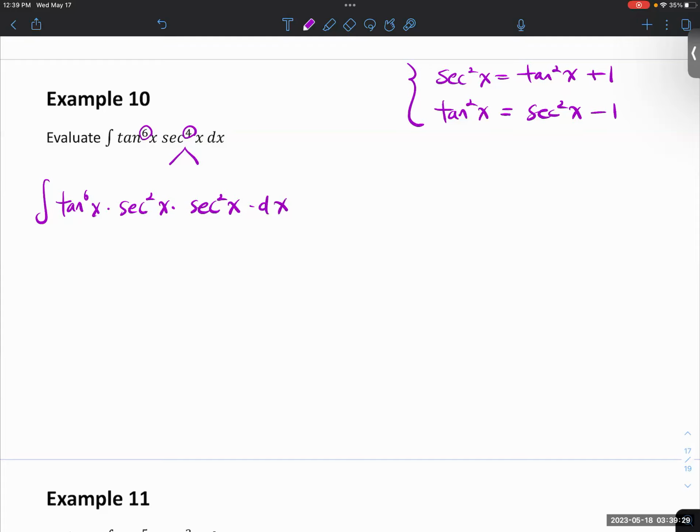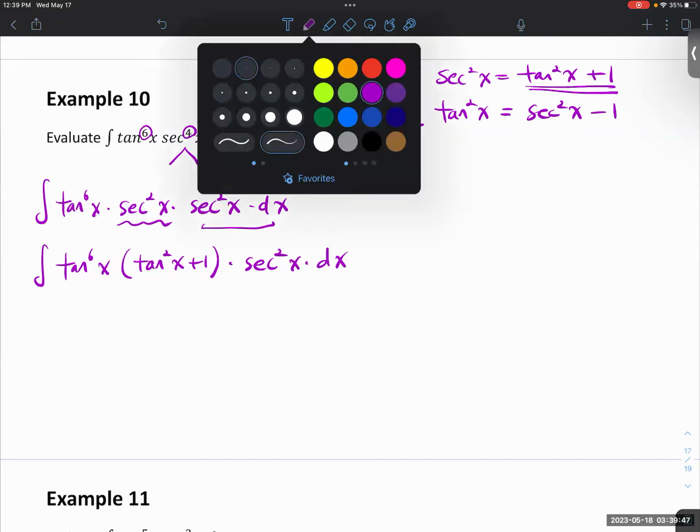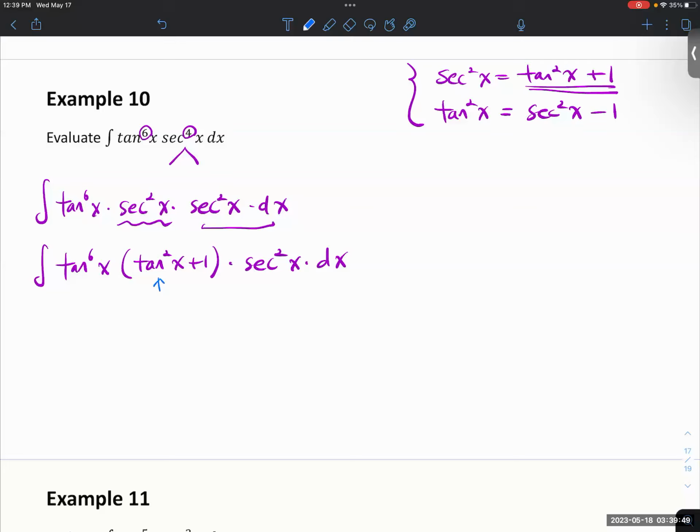And then what happens? You're going to change one secant squared x to tangent squared x plus 1. So integral tangent 6x, this is the same as tangent squared x plus 1, and I'm going to keep the rest of them. Why? Because I see now tangent x has been subbed into the 6th power function.